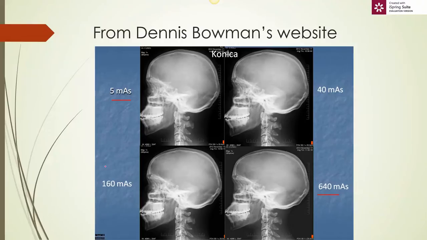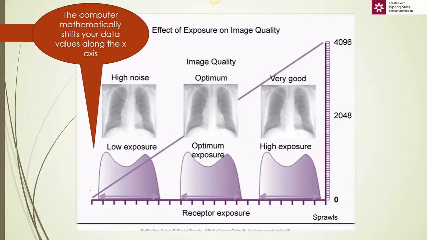I'll let you figure out the differential, but there's blessed little difference between any of it. Automatic rescaling has gone to work and shifted along the continuum from bright to dark and has consistently come to the same point. It didn't matter whether we used 5 mAs or 640 mAs, it shifted it to the same point. That's pretty good software. Maybe not necessarily the best thing for the patient.